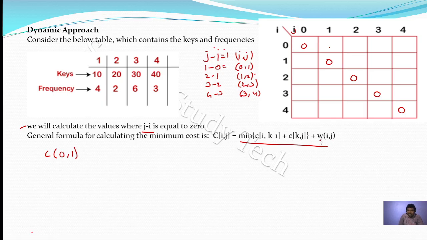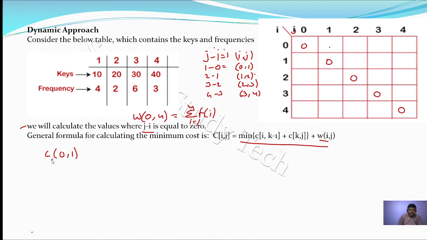W of i comma j means, for example, here there are 4 keys, so it is the summation of i equal to 1 to 4 of f of i. This is the formula for W of i j.